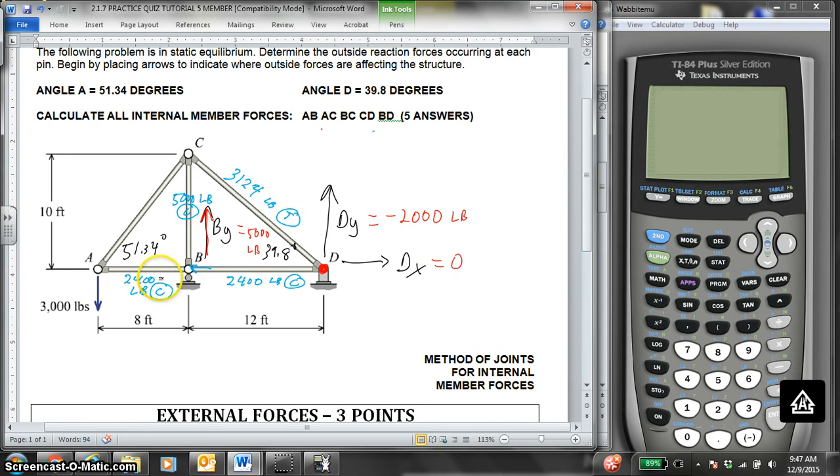This is how it looks. So we've solved for all but AC. We have to do this one. We probably have to do method of joints on joint A. So how will that look?